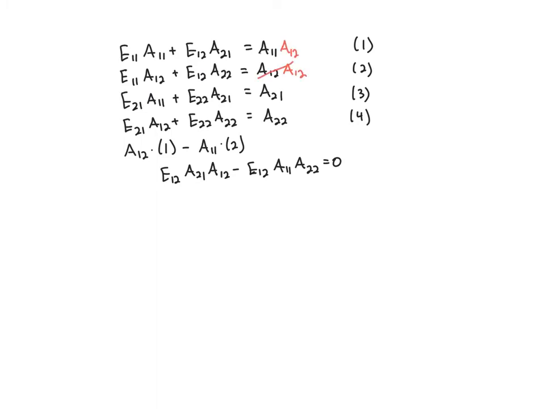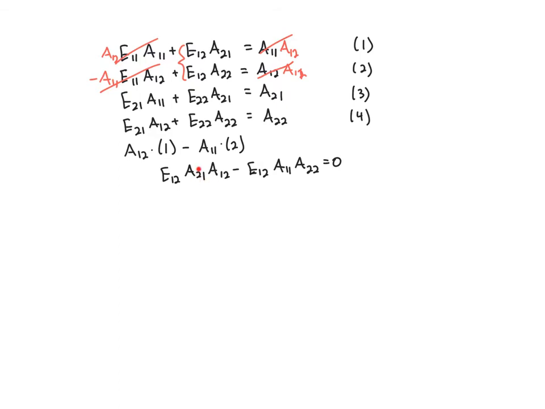You're subtracting them off though. I mean a11 there, the a11, a12, these terms are subtracting off. And so this is the only thing that's interesting. And you see that this middle part turns into this equation. E12 A21 A12 minus E12 A11 A22 equals 0. And that's what we get from doing elimination with the first two equations.